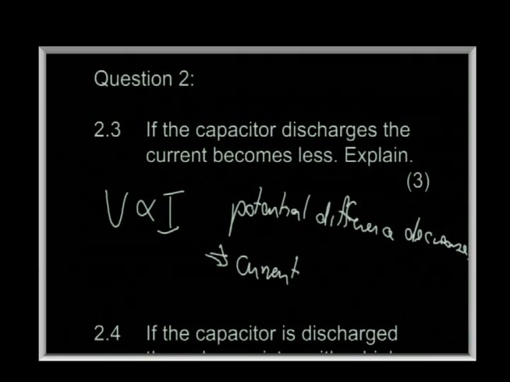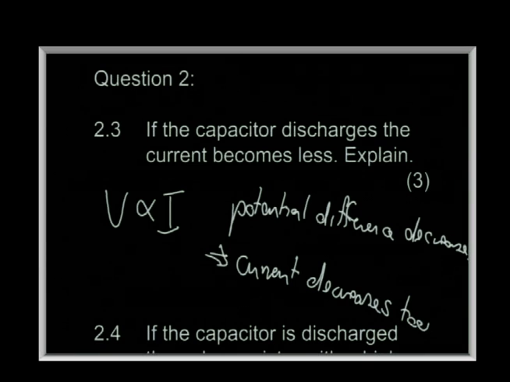It might start off high, but it's going to decrease in the same proportion. So it starts off as a big value because the potential difference is high.